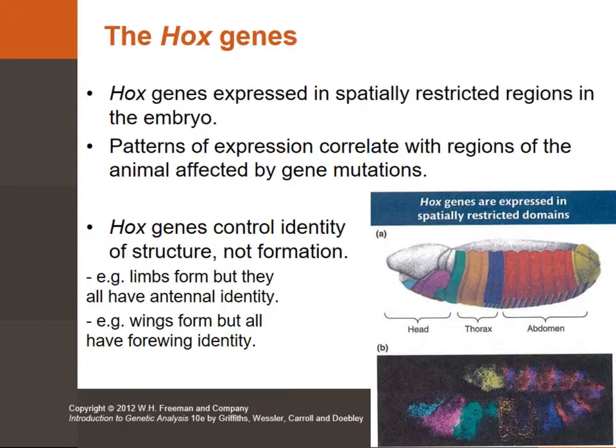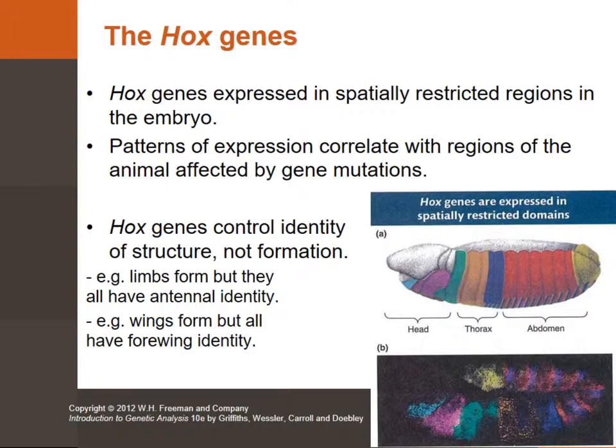So, for example, in the image that you can see here, the purple shading indicates where the ultrabithorax gene is expressed in the posterior thoracic and most of the abdominal segments. The actual expression is seen as different colours, each one representing one of the Hox genes.